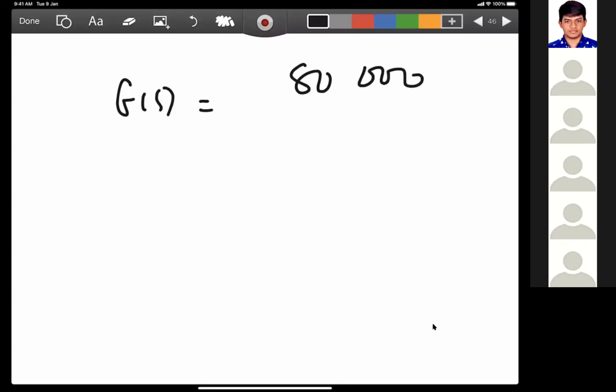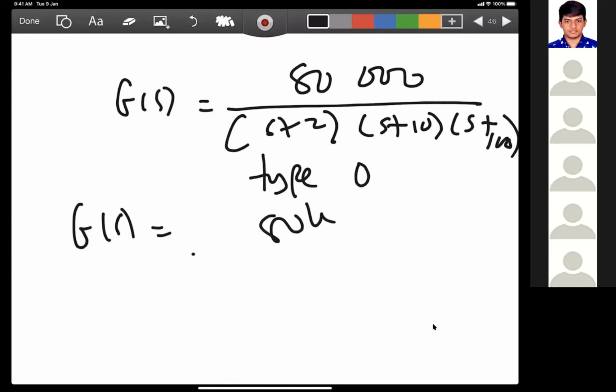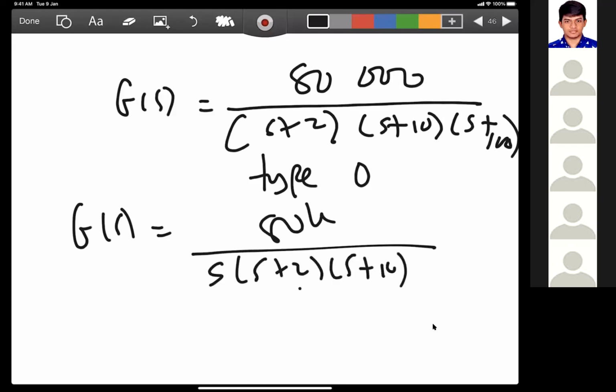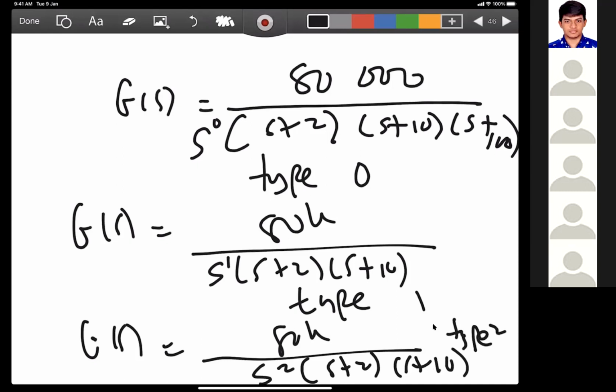It is type 0, because there is s to the power of 0. If it is 80,000 over s(s plus 2)(s plus 10), what type? Type 1, because s is to the power of 1. If it is 80K over s squared (s plus 2)(s plus 10), that is type 2. Do you understand?